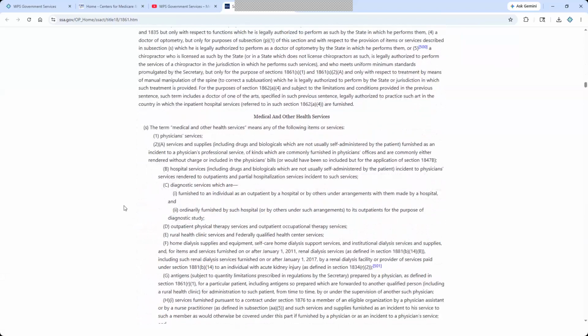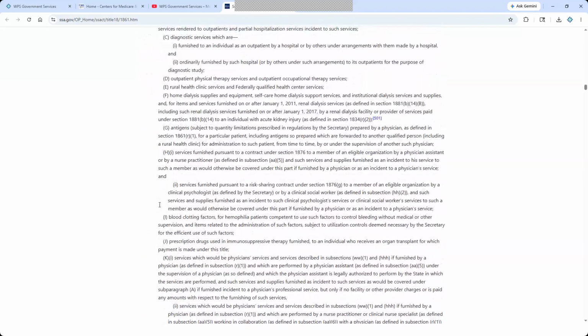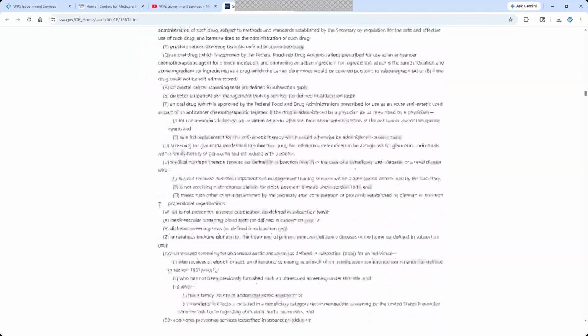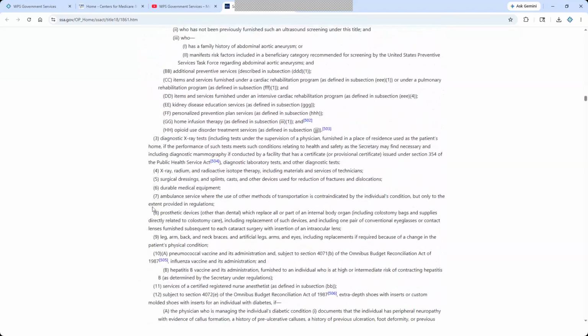Okay, then you're going to come to medical and other health services. This is where you're going to hit S, medical and other health. Now you're going to start looking for one, two, again, scrolling down, and you're going to find seven. Okay, ambulance service where the use of other methods of transportation is contraindicated. So it has to be a transportation service and it has to be contraindicated, but only to the extent provided in regulations. That's that other part.